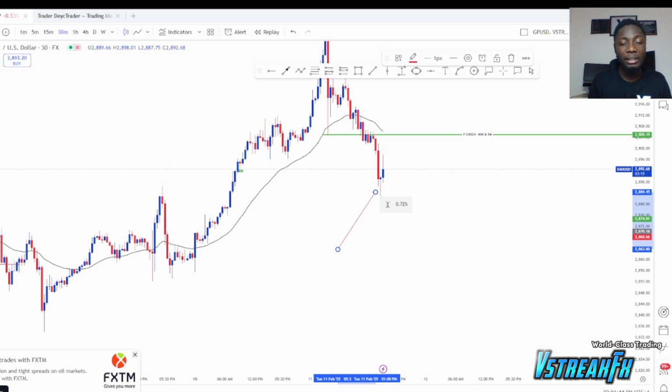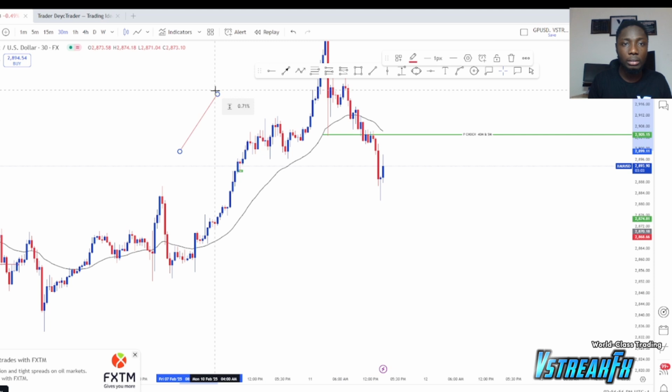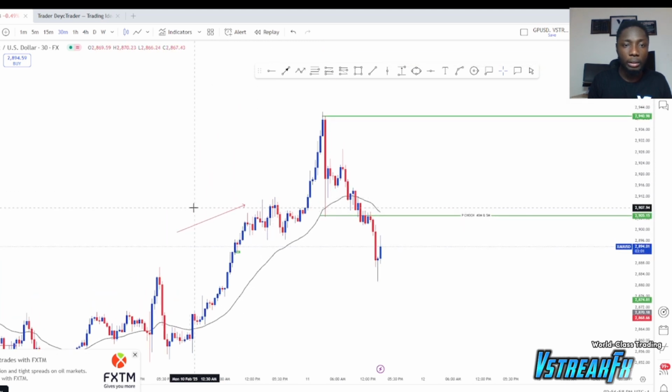So like I said, the hammer is a bullish reversal candlestick pattern. Now we are going to look at the bearish one, which is the hanging man. The typical example of a hanging man is this.